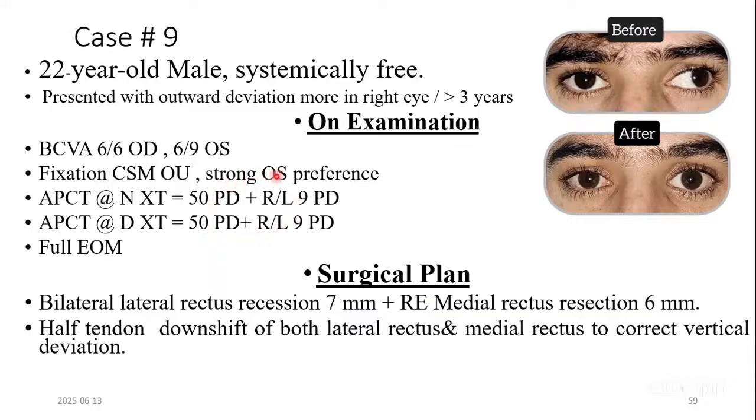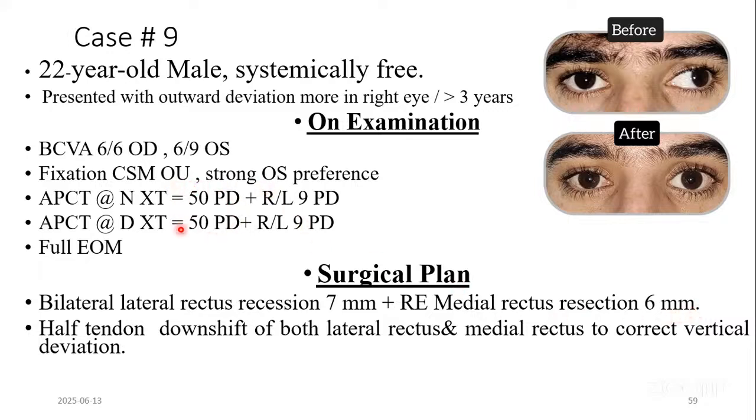And he's having a small vertical deviation, right hyperdeviation of 9 prism diopters, with no inferior oblique overaction or superior oblique overaction. So in such a case, I have done bilateral lateral rectus recession of 7 millimeters with right eye medial rectus resection of 6 millimeters, because here we have 50 prism diopters.